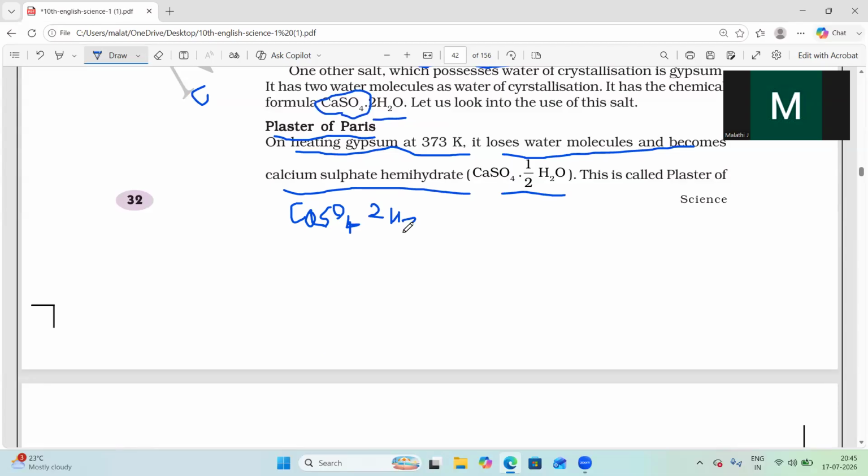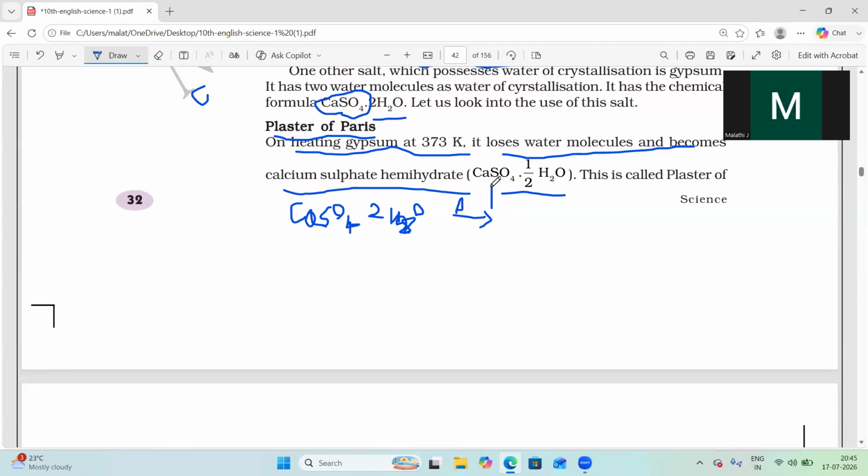That is the formula for gypsum. So when we heat this at 373 Kelvin, this triangle indicates heating, what will we get? We will get plaster of Paris.